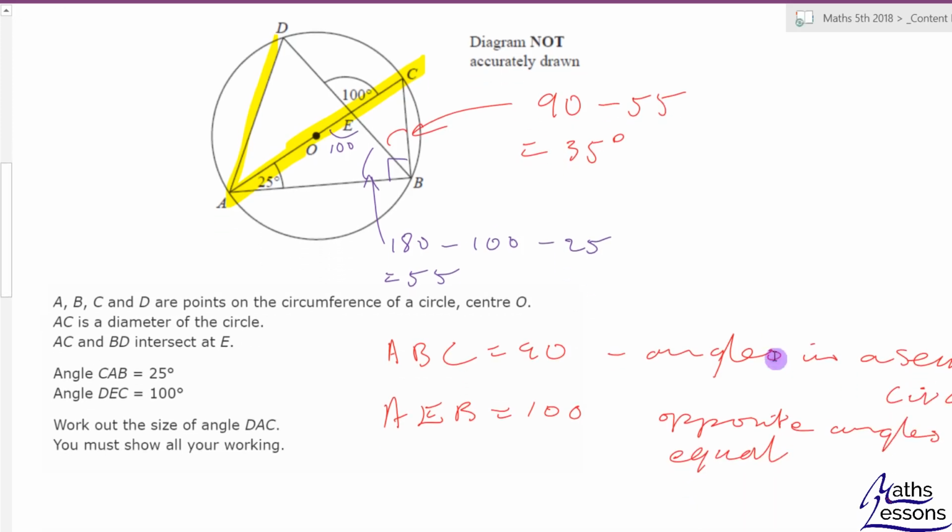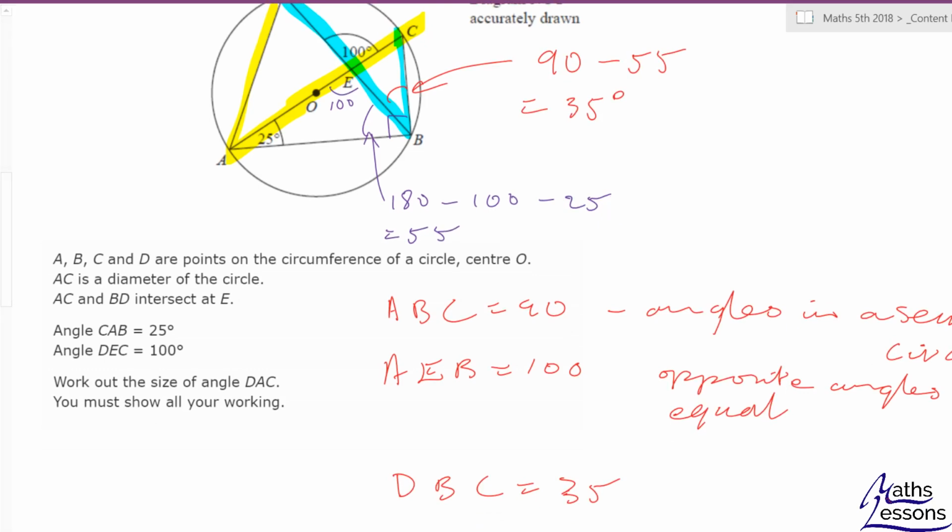And then we can find DBC equals 35. And from that, we know that it's equal to DAC, angles in the same segment. These two angles, the blue highlighted and the yellow highlighted angles, are equal. So therefore, the one we're looking for, DAC, equals 35, and that's angles in the same segment.